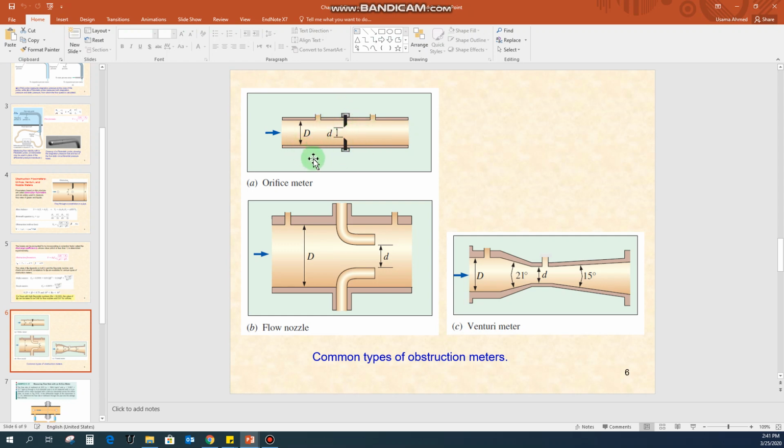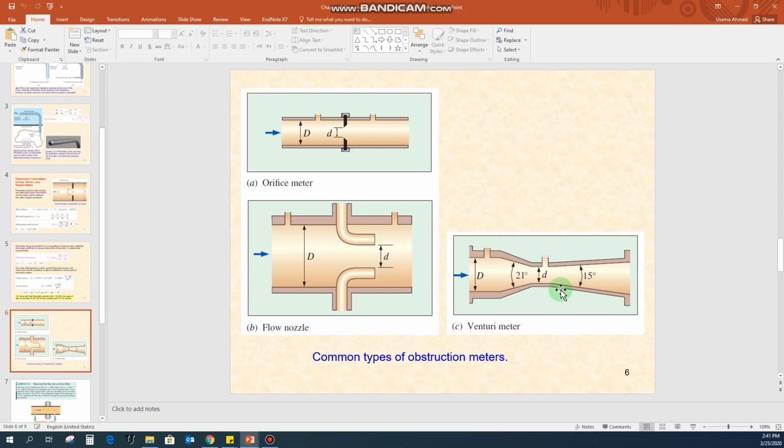Now if you compare the orifice meter with the flow nozzle, what we see here, like the construction of this flow nozzle, it is more sophisticated compared to the orifice. So you can have like a deflection of the fluid within this flow nozzle, and you can have a slightly less value for the pressure drop compared to this flow nozzle.